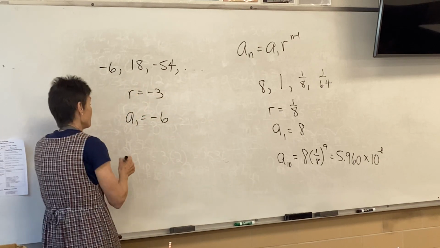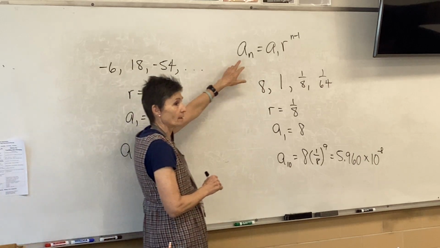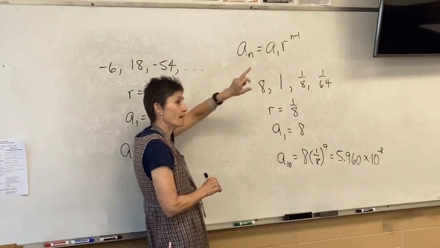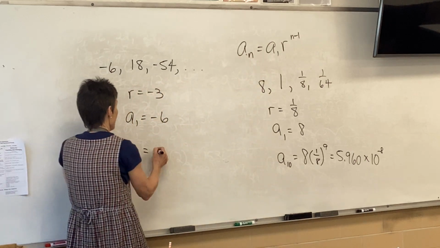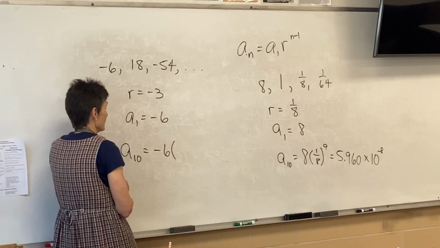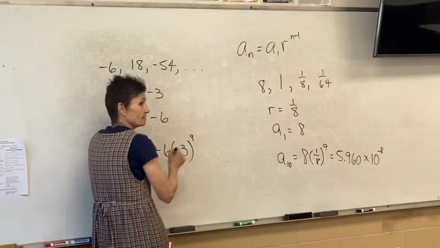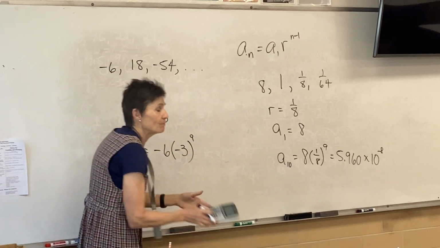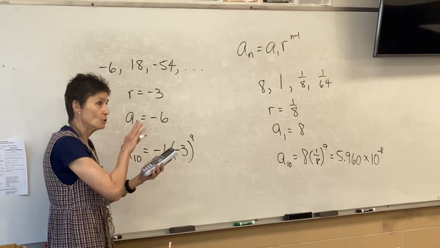And we again want the 10th term, so here we go. According to the formula, a sub 10 will be what? -6 times -3 to the 9th. And again, if you type that in the way I wrote it, you'll be fine.